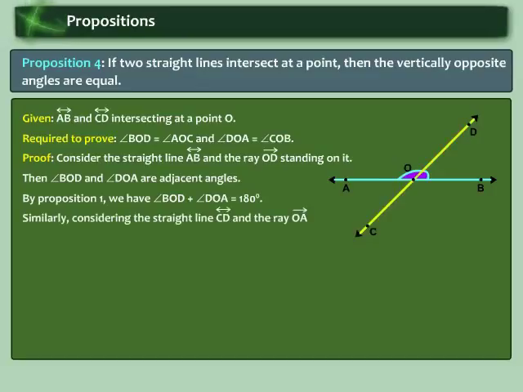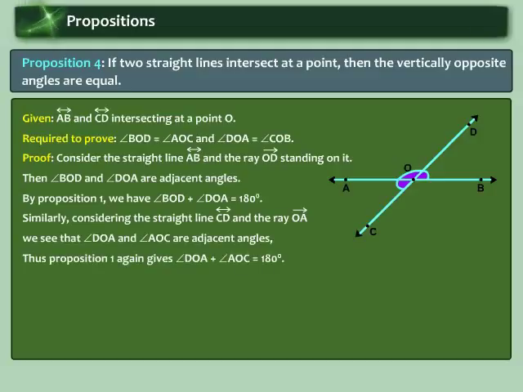Similarly, considering the straight line CD and the ray OA, we see that angle DOA and angle AOC are adjacent angles. Thus, proposition 1 again gives angle DOA plus angle AOC is equal to 180 degrees.